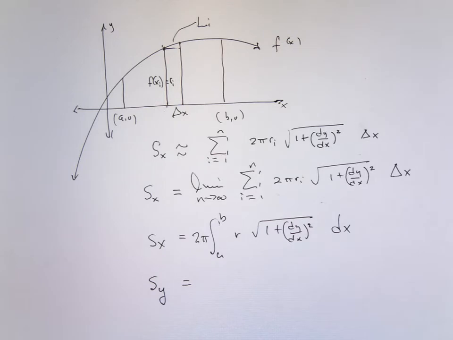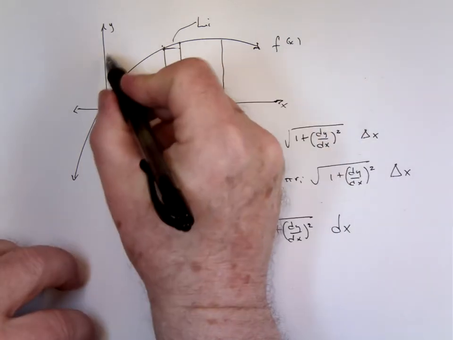When I take this rectangle around the y-axis, everything is the same except for one thing: the radius of the circle. The radius before was our function, r sub i. Now the radius of that circle is the distance from that point to the y-axis. This is our new radius.